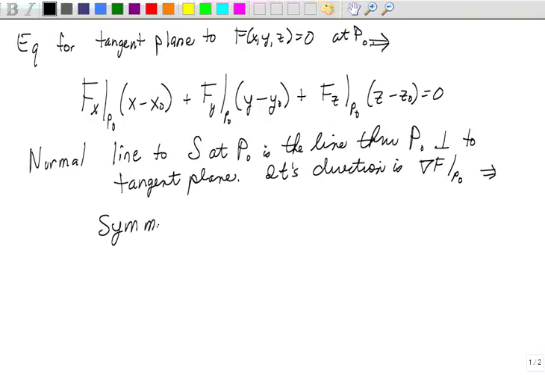So we can also get the symmetric equations of the normal line at the point P0.